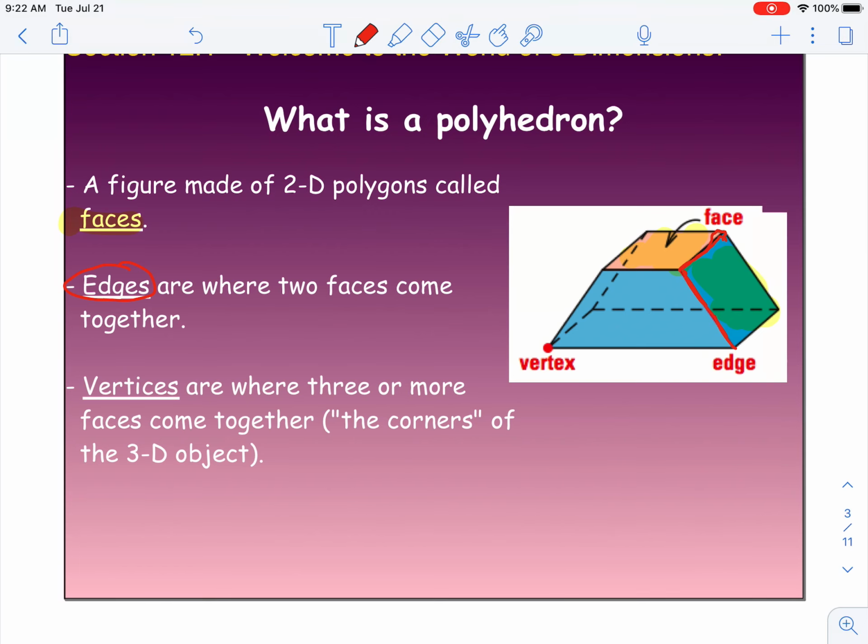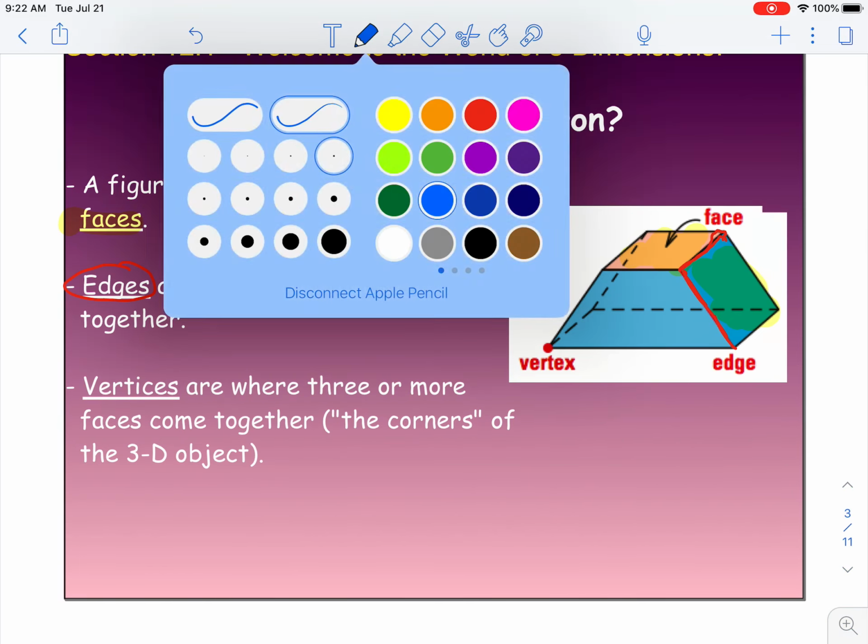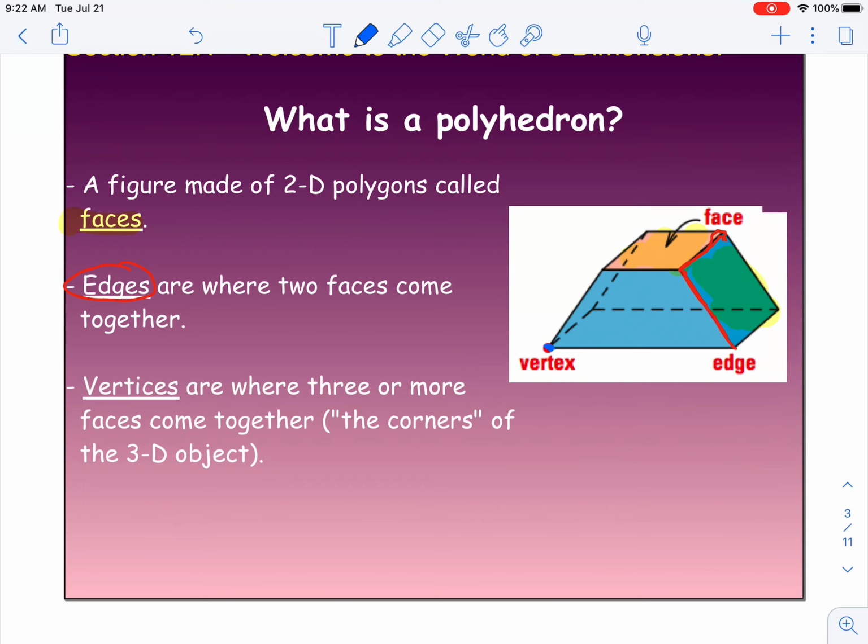And then the vertices are where three or more faces come together. So if you look at this vertice right here, you have those two faces and this face in the front all coming together to form a vertice.